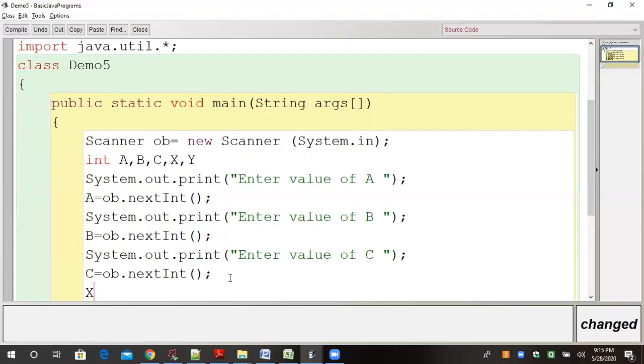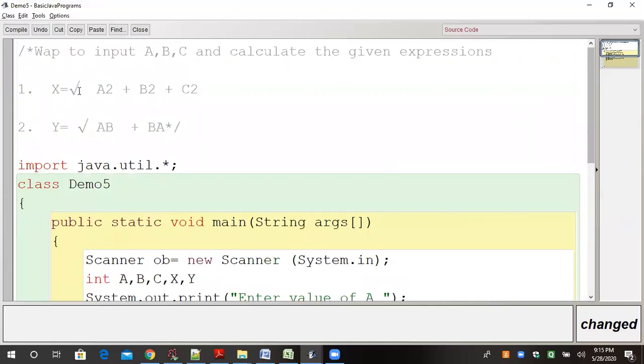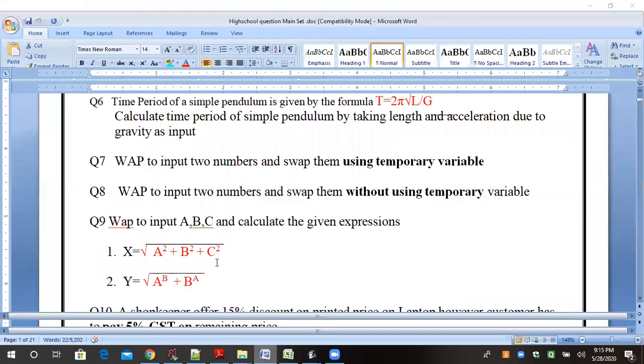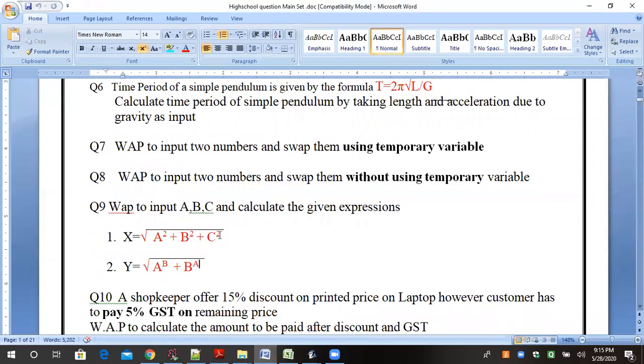The formula of X is under root. Actually, it is not A2. Actually, it is A to the power 2, B to the power 2, and C to the power 2. See the real and actual formula is there. A to the power 2, B to the power 2, and C to the power 2.